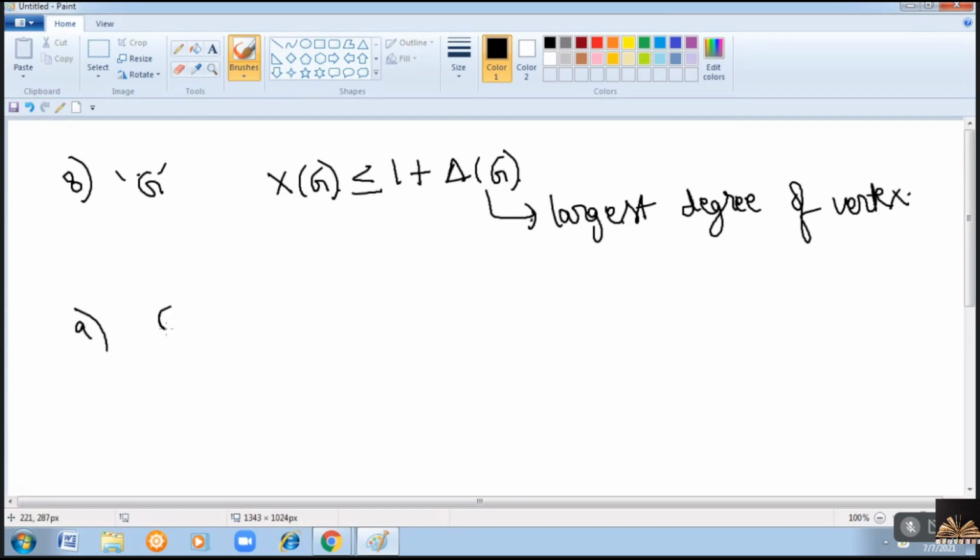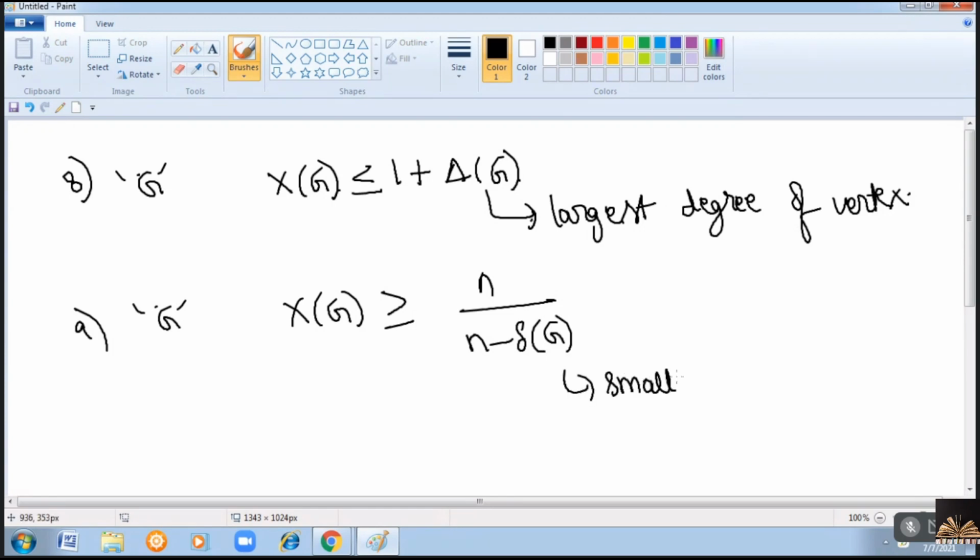Similarly, chi of G is greater than or equal to n by n minus delta of G, where delta here is the smallest degree of a vertex in the graph and n represents the number of vertices in the graph, right?